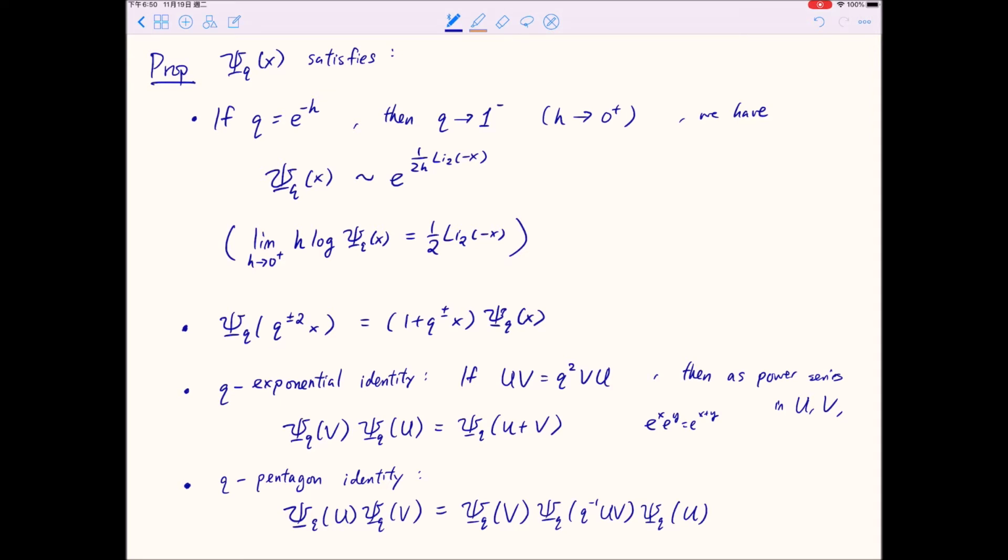But it turns out that under the semi-classical limit, so this limit, then this will become the pentagon for the classical dilogarithms. So indeed, this is a direct generalization of the pentagon identities.